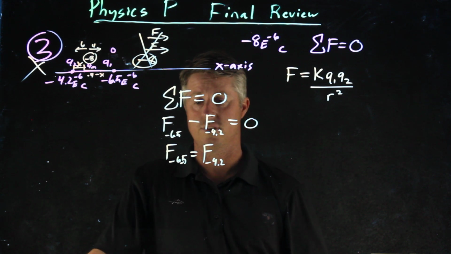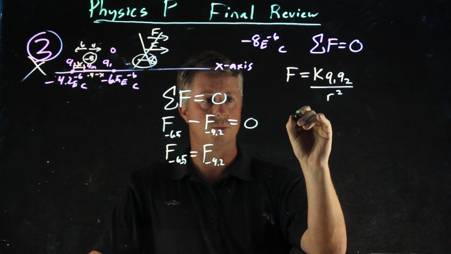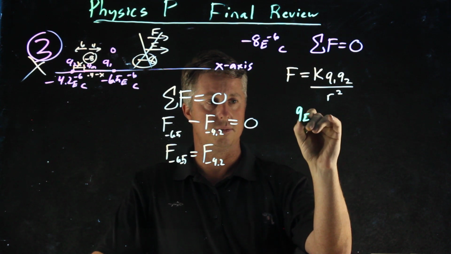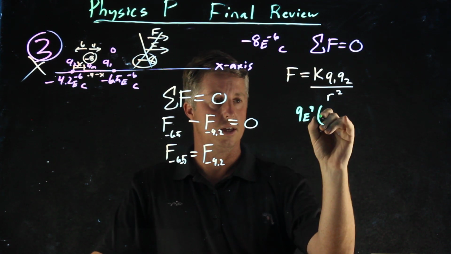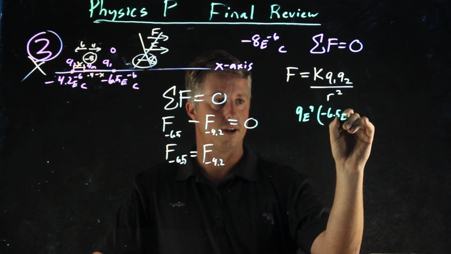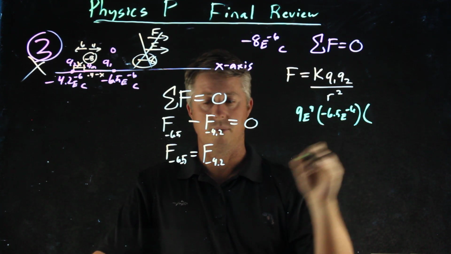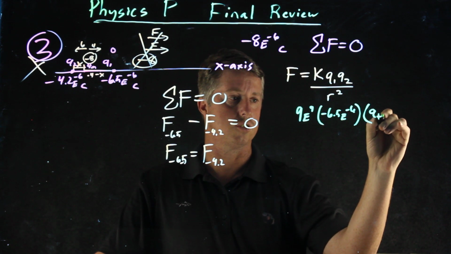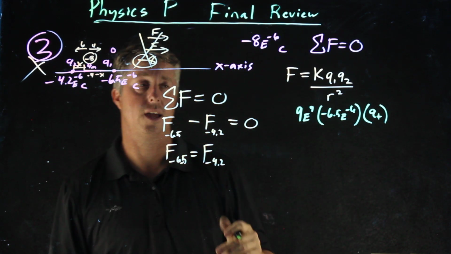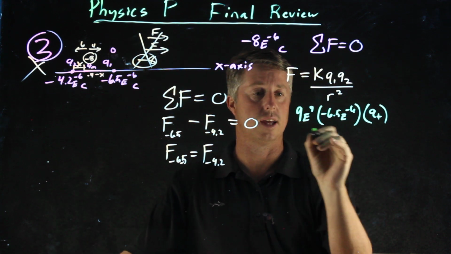Cool. With that information, I now can take my next step, which is plug in my Coulomb's law. So the force of the 6.5 will be K, which is 9 times 10 to the 9, Q, which is simply the negative 6.5 times 10 to the negative 6. My test charge, which we can just say the test charge, or you could put in negative 8 times 10 to the negative 6.